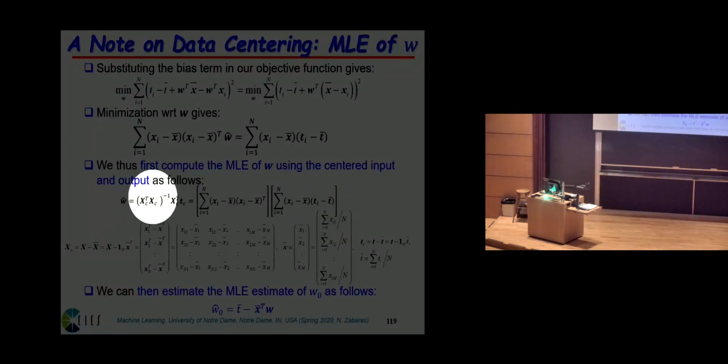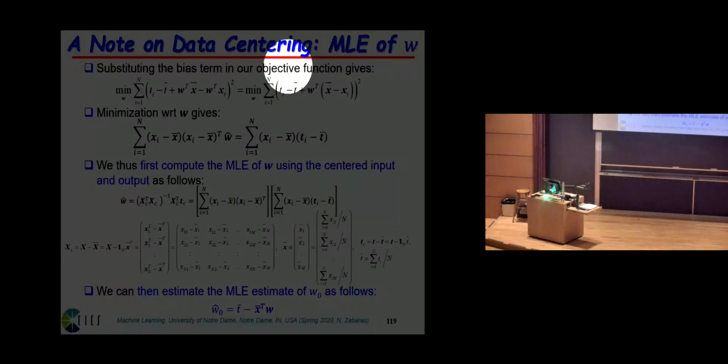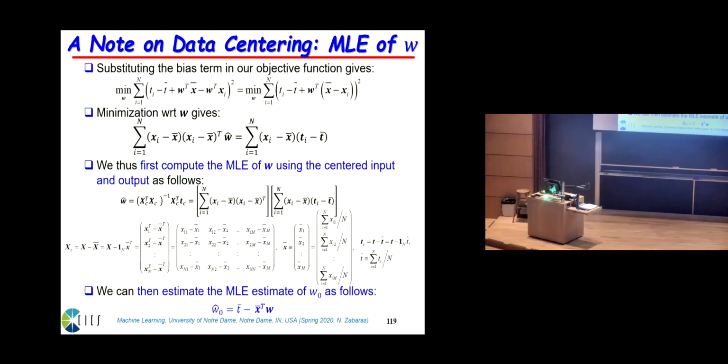I'm using capital X here for the design matrix. This matrix involves xi minus x bar, and tc is ti minus t bar. You rename this as ti, you rename this as xi, and you get your standard least squares problem.